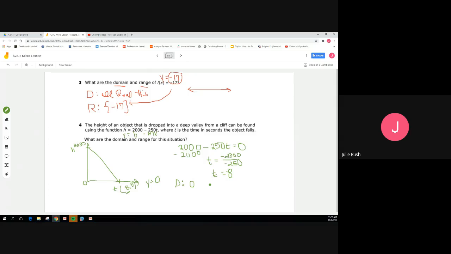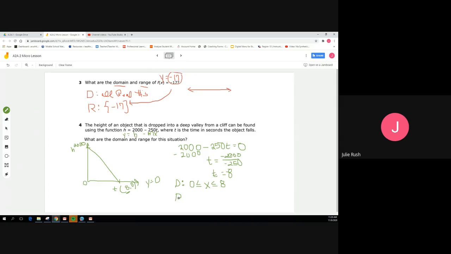And then it ends at 8. So I'm going to write an inequality statement that is inclusive of both 0 and 8. So it is going to be a range starting at 0 on the left-hand side, going up to 8 seconds on the right-hand side.